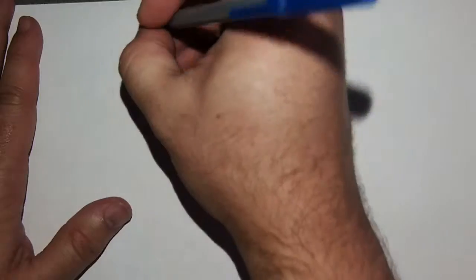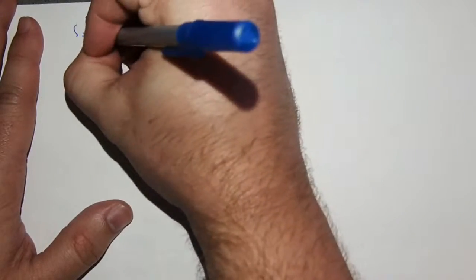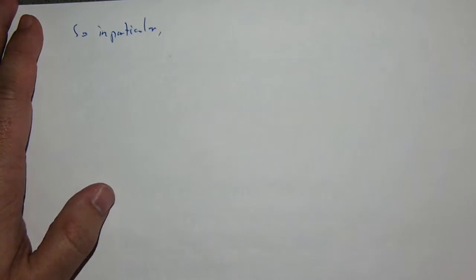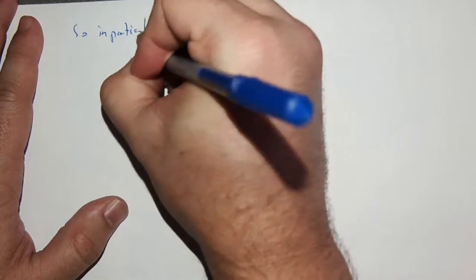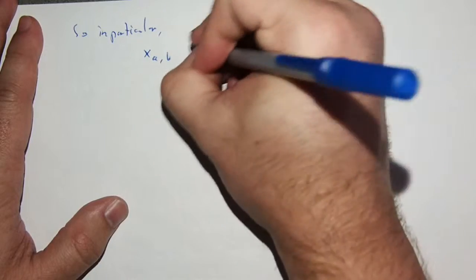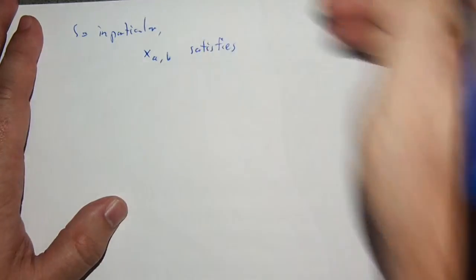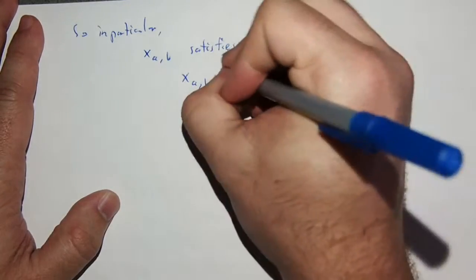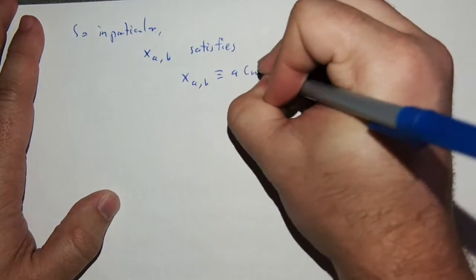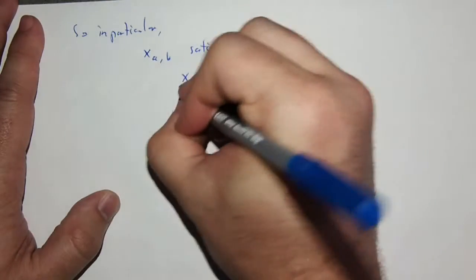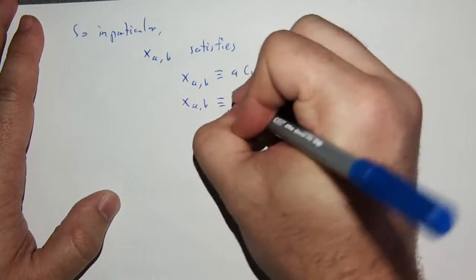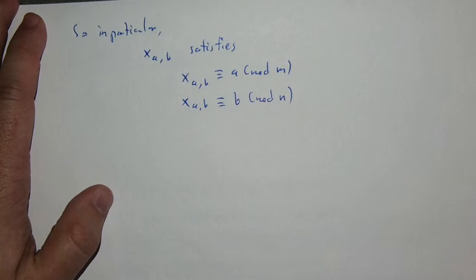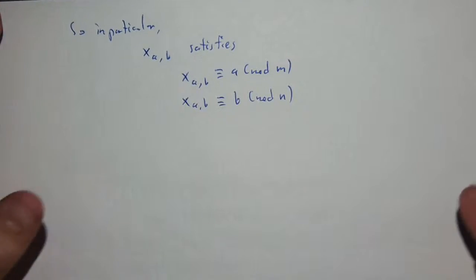In particular, x sub ab satisfies the following equations. x sub ab is congruent to a mod m, and x sub ab is congruent to b mod n. Okay, and this is unique mod mn, right?